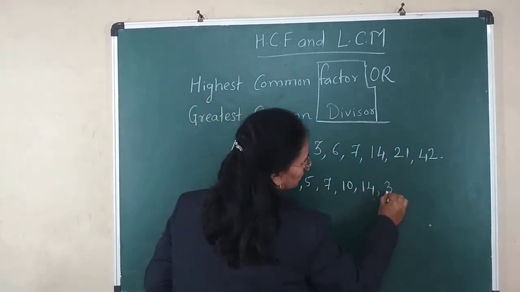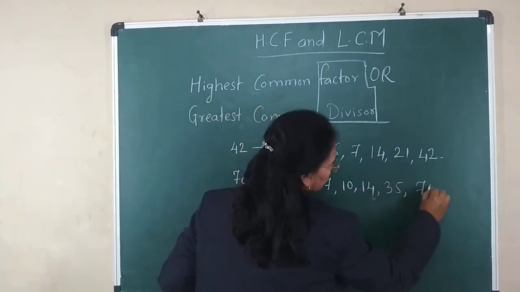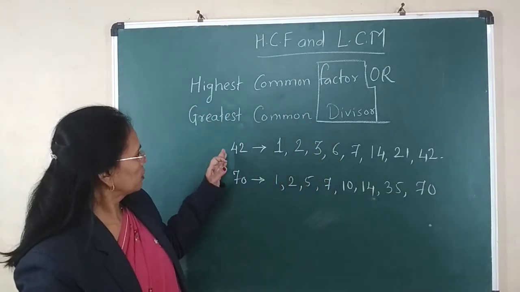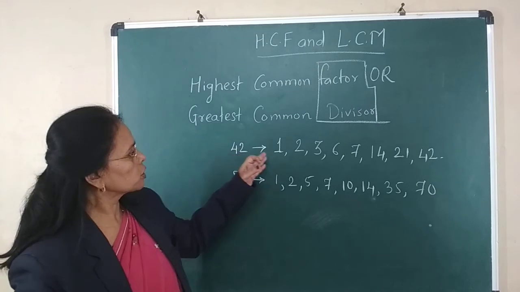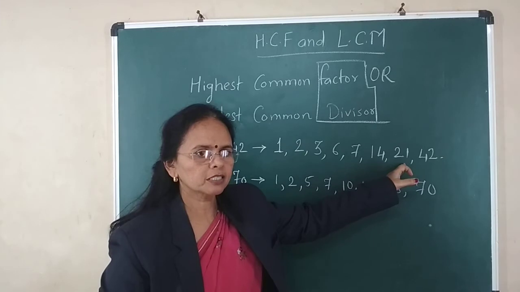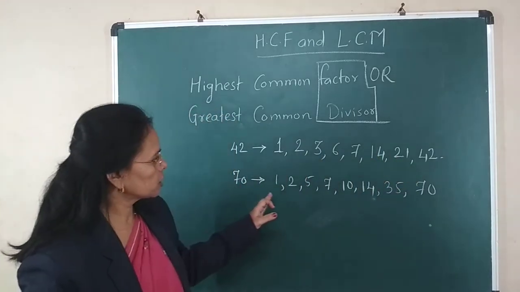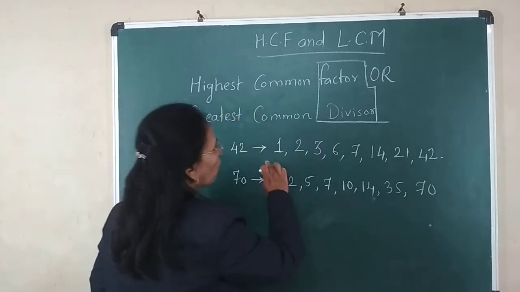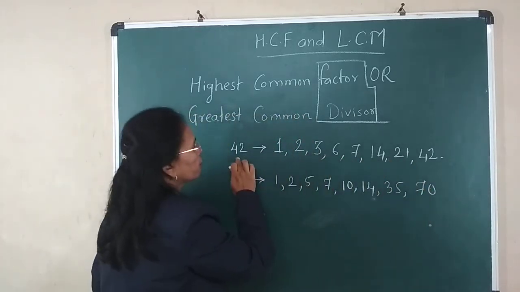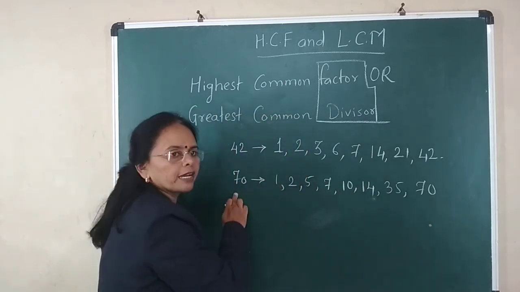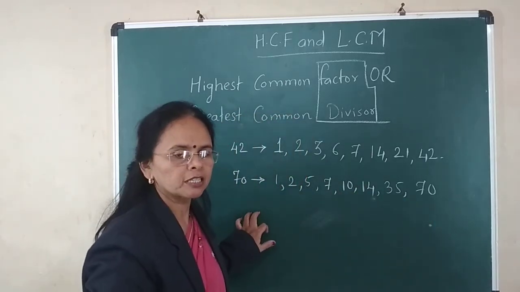And 35 and 70. See here now. 42 is totally divided by all these numbers. 70 is totally divided by all these numbers. That means all these numbers are the factors of 42 and all these numbers also are the factors of 70.